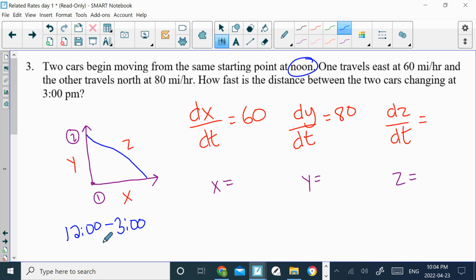We're able to calculate the distance that each car traveled in 3 hours. So the first car travels 60 miles in 1 hour. So in 3 hours, 60 times 3 is 180 miles. The second car travels 80 miles per hour. So every hour it travels 80 miles. So if it goes 3 hours, 80 times 3 is 240 miles.